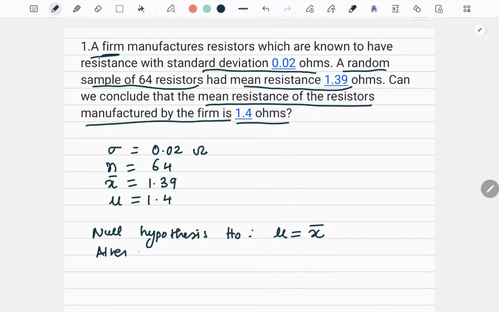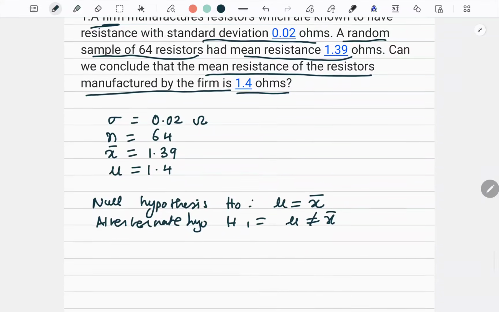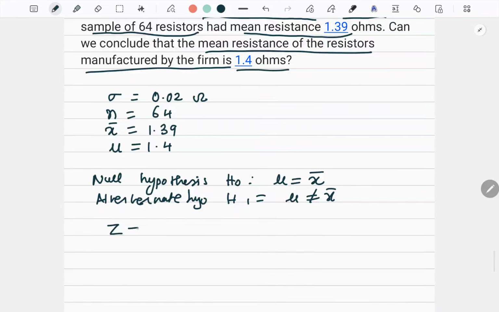H0: mu is equal to x bar. Alternate hypothesis, H1: mu is not equal to x bar. Okay. Now I'll calculate Z. What is Z? Z is the absolute value of x bar minus mu upon sigma by root n. Correct?